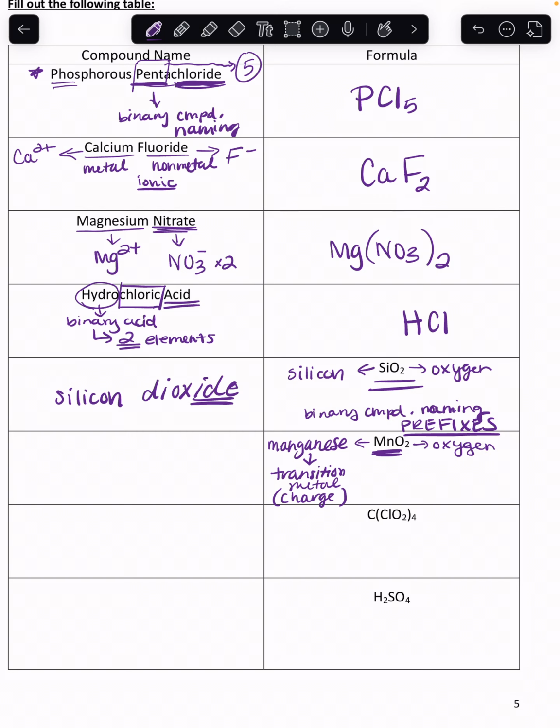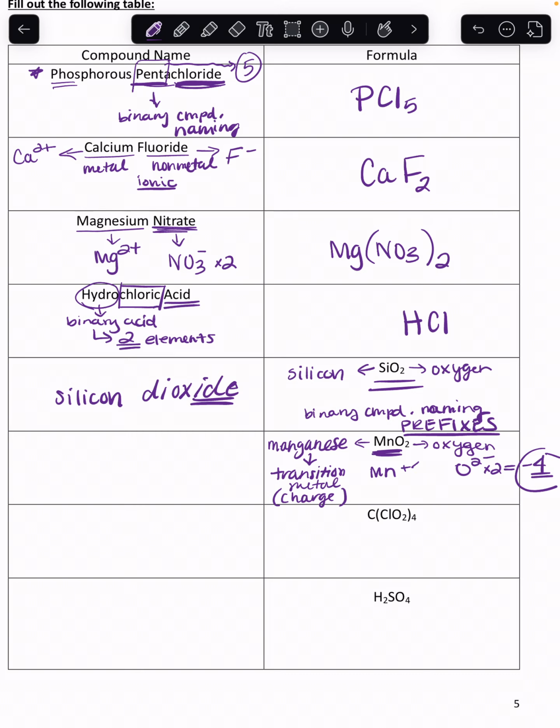But now I have to figure out, well, if I need the charge in parentheses for manganese, I kind of got to know the charge. What is the charge? Take a look at oxygen. Oxygen is O2-. And I have two of them. So the total charge is -4 right now. If I only have one manganese, the charge must balance this -4.